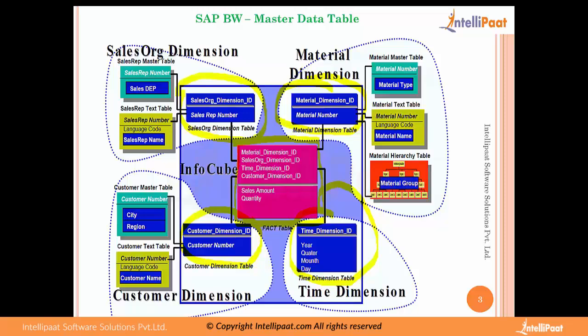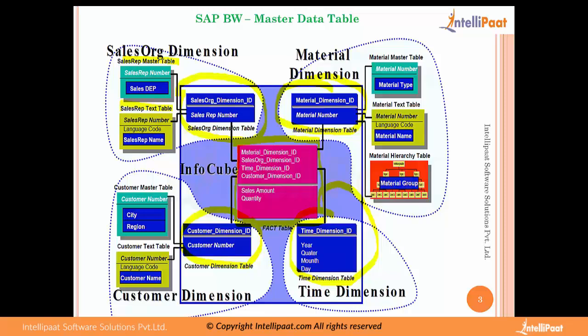Let's look at the sales organization dimension, where sales representative and sales representative number have been divided into two parts: the sales representative master table and the sales representative text table.